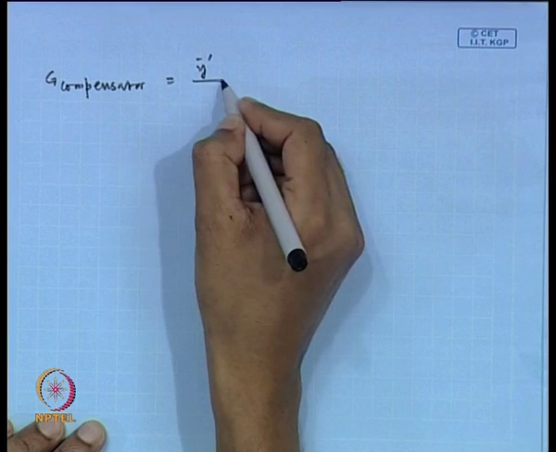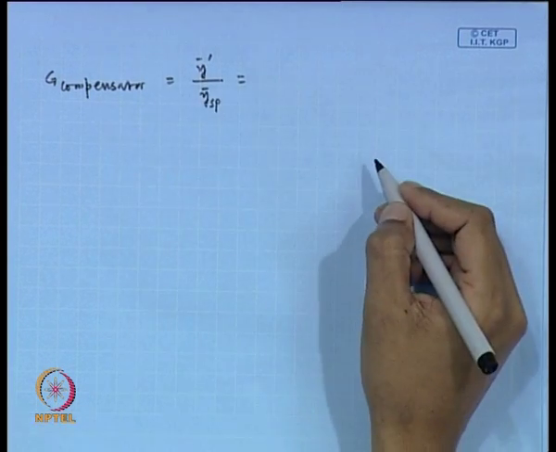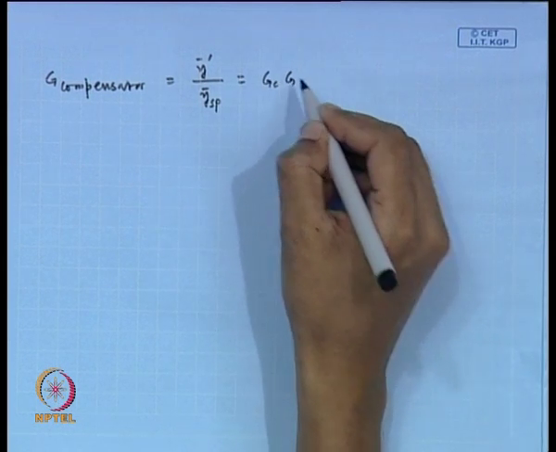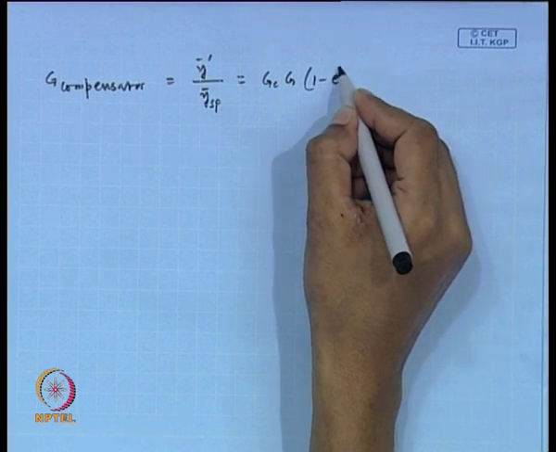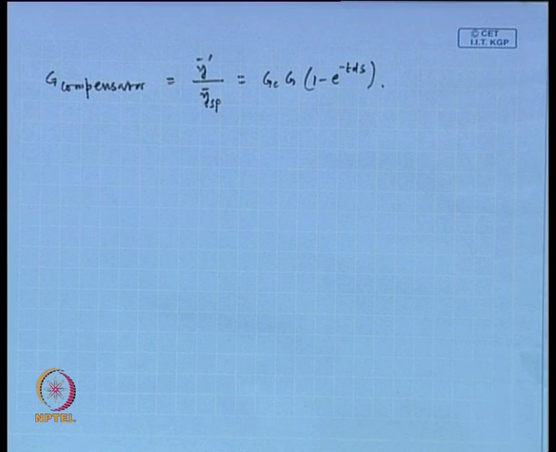Output is y prime and input is y set point, which is represented by GC, Z, 1 minus exponential of minus TDS.